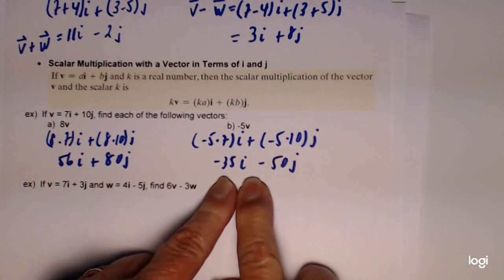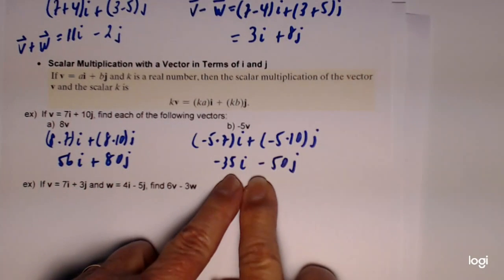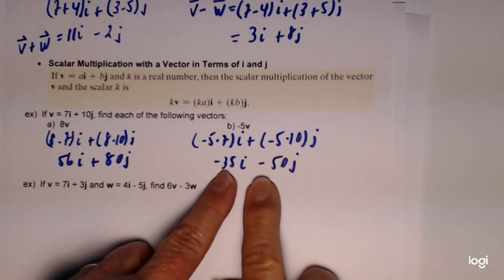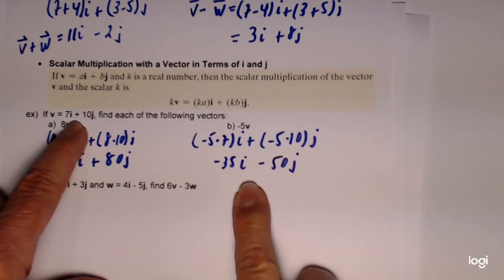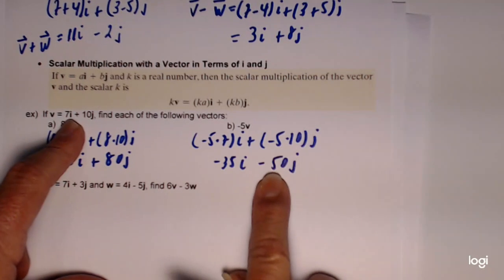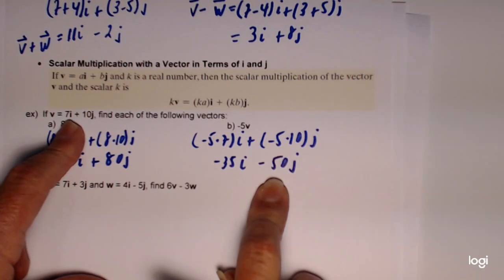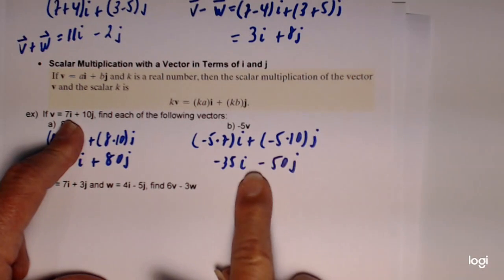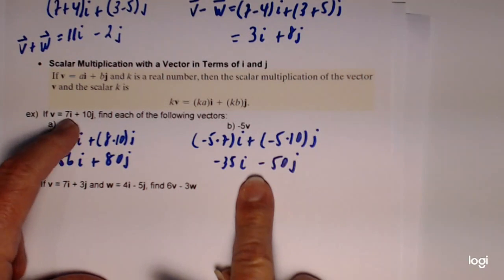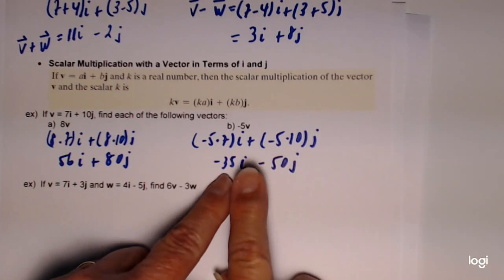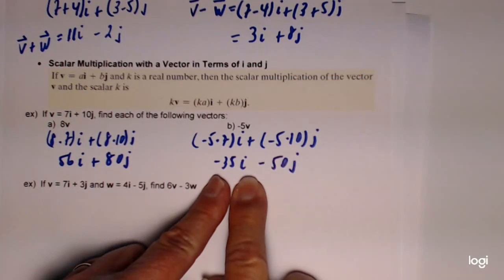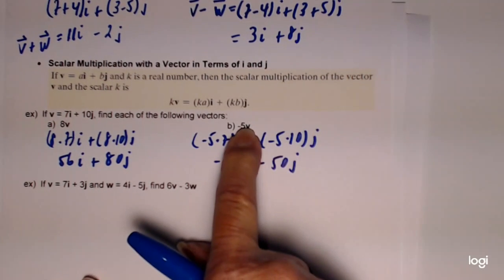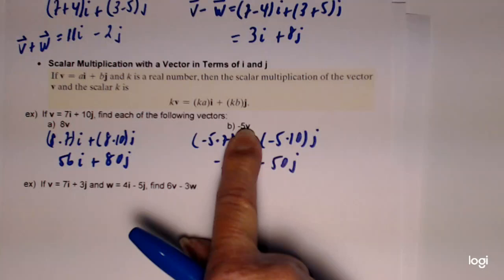So here we have changed the magnitude of our vector. It's now 5 times. So if we were to find the magnitude of our original vector v, and then find the magnitude of this here, because we know how to find magnitude, we would see that this magnitude was indeed 5 times bigger than this magnitude. In this example, not only did we change the magnitude or the length of the vector, but we are going now in the opposite direction.